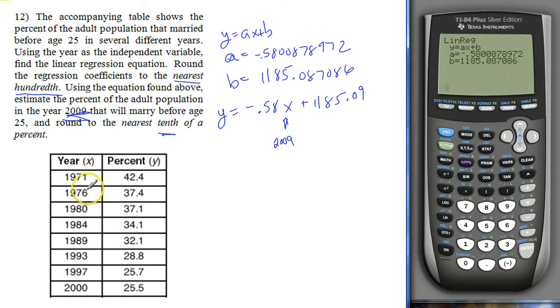Now if this was one of those weird ones, like 1970 was 0, well then 2000 would be 30 years, so it would be 39. I would use different numbers, so just be whatever scale you're using.